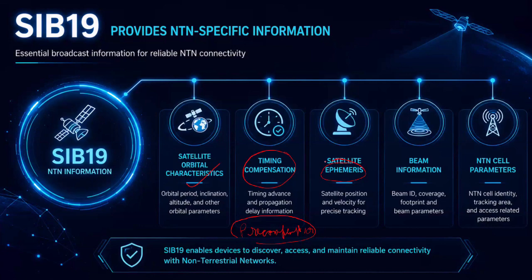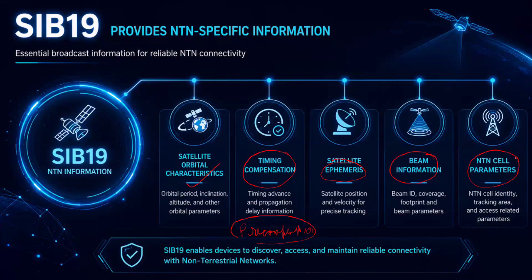Right. After that, we have beam information. In SIB 19, beam information is also transmitted. It gives various parameters like beam ID and beam characteristics, so that it enables the UE to identify the correct serving beam and helps in seamless mobility. After that, various NTN cell parameters are also transmitted in SIB 19, for example cell ID, frequency, sync information, and tracking area.